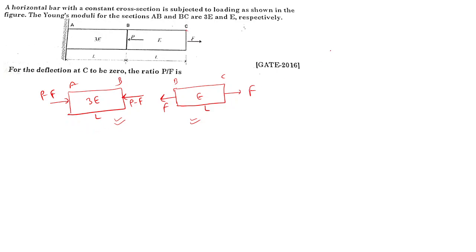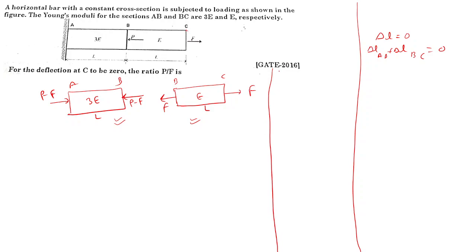So deflection delta L would be 0, but what would be the delta L? Delta L would be delta L of AB plus delta L of BC. I forgot to give you the formula for delta L here.